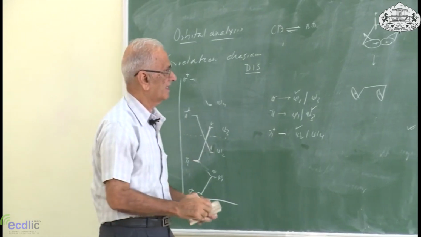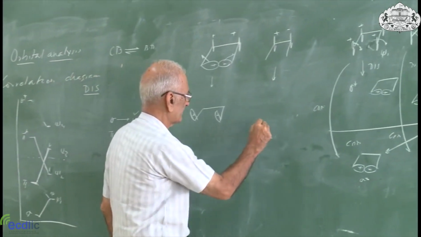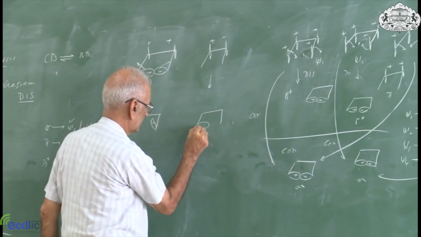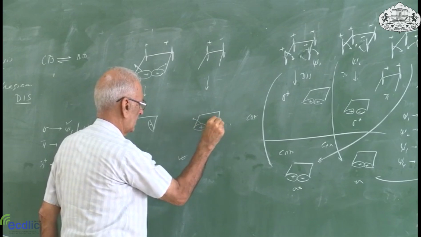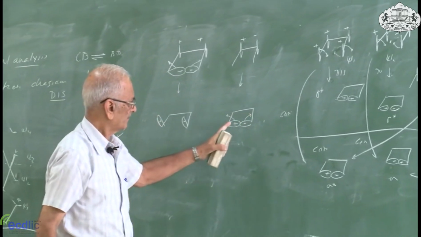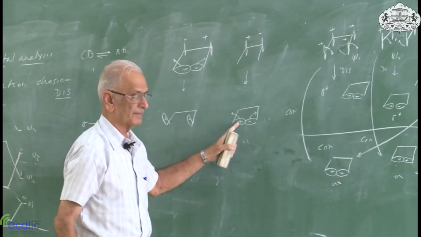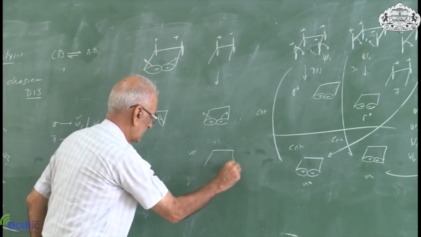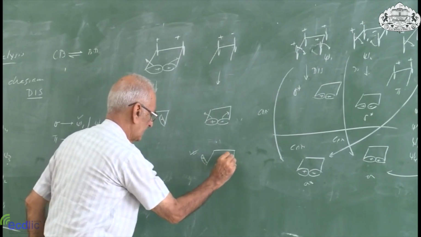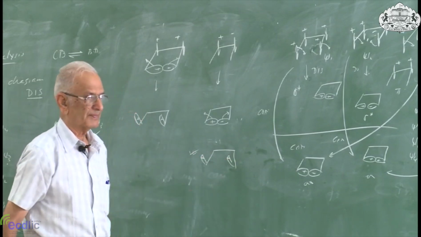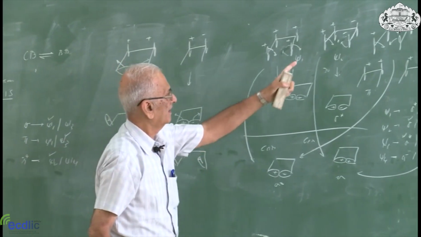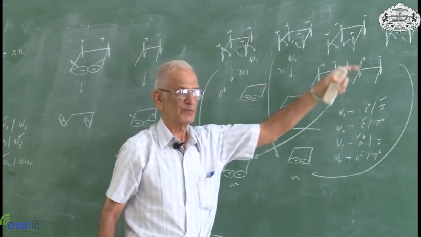I look at sigma star. This is the disrotatory process, what do I see? It will give me plus here, minus here. Therefore, it can correlate either with psi 2 or psi 4.